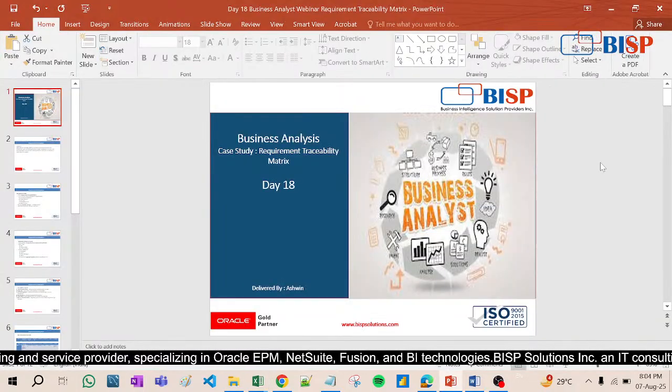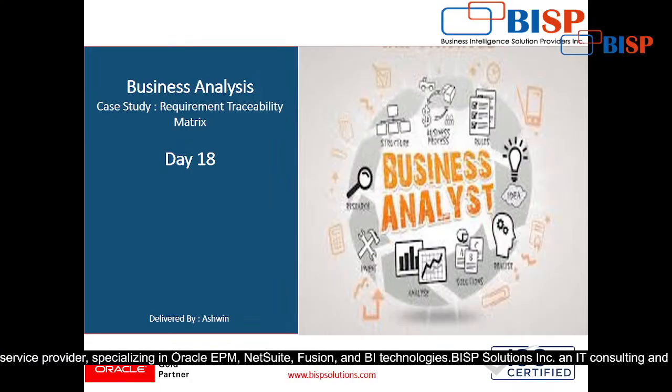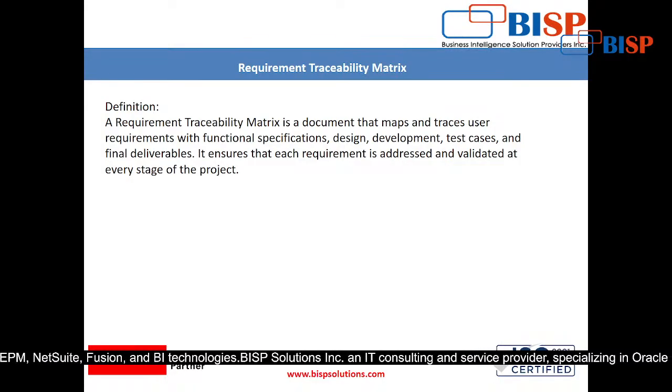This is also a type of document which is created during the project. Now, this requirement traceability matrix, as the name tells you, is about tracing how many requirements are completed and how many are still pending.